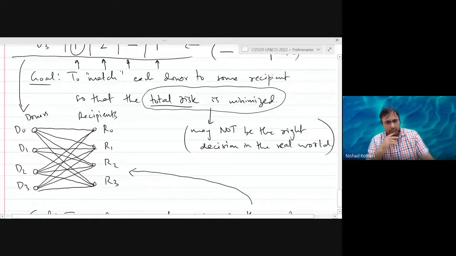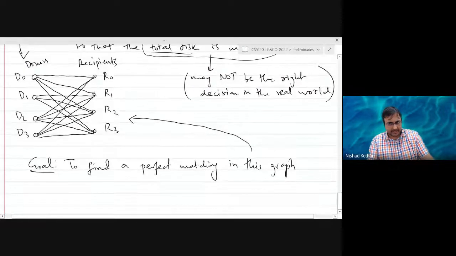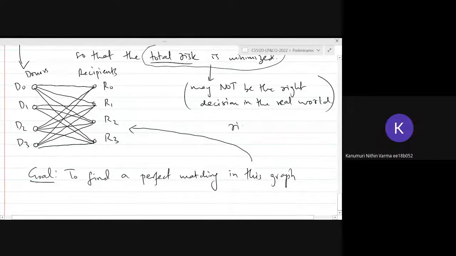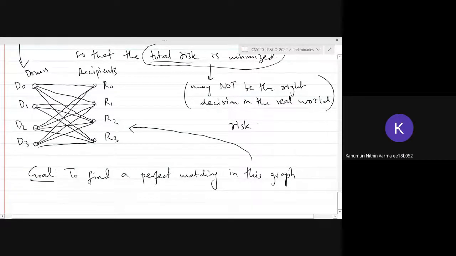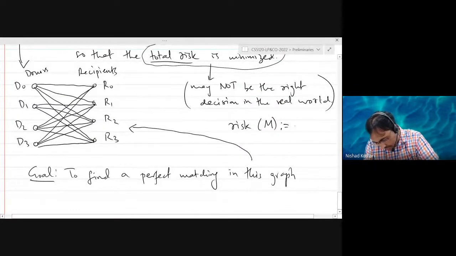And how do you make sure that the risk is minimized? So what is the risk corresponding to a particular perfect matching? Summation of x_e times c_e. Exactly. So for a particular perfect matching, the risk of that perfect matching is simply you take all the edges in that perfect matching and you add up the risk.